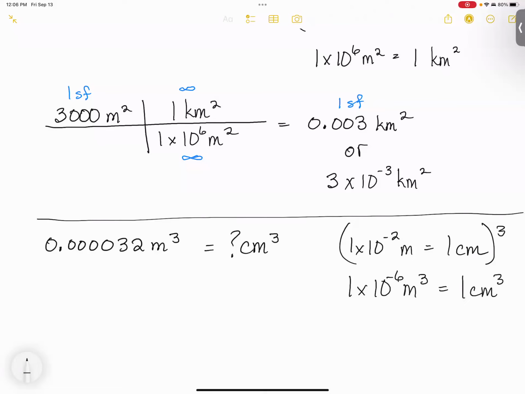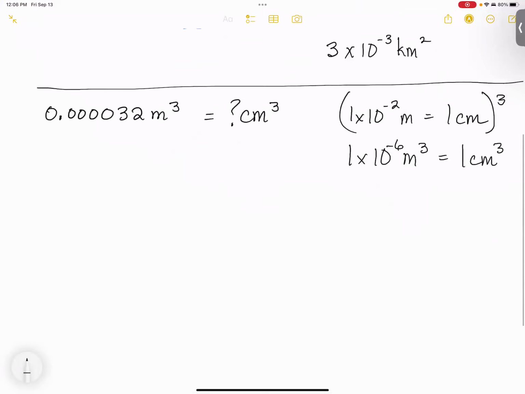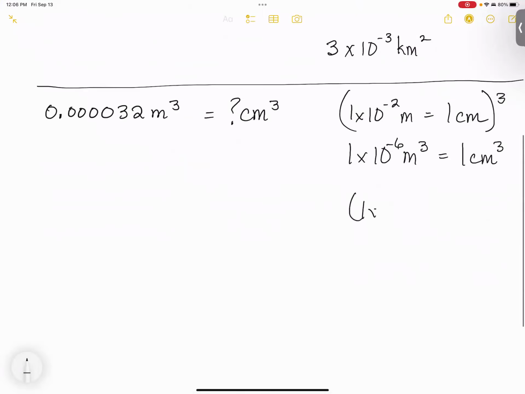I did it the same way as before: I took 1 times 10 to the minus 2, cubed, meter cubed, is equal to 1 cubed centimeter cubed. And that's how I got this value.